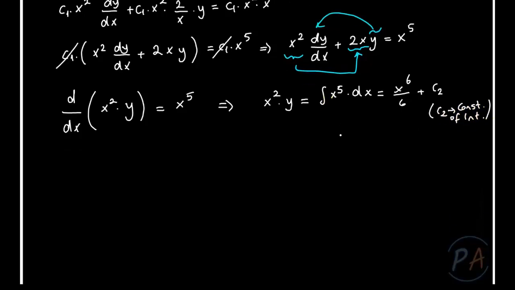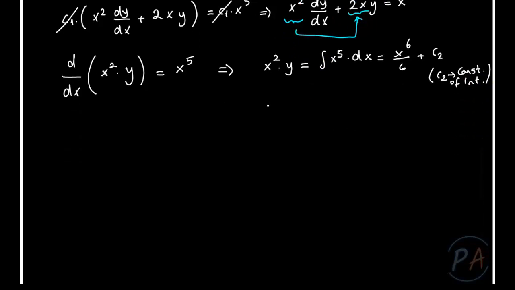And now, in fact, I can easily write the solution of the first order differential equation: y equals x to the power 4 over 6 plus c2 times x to the power minus 2.